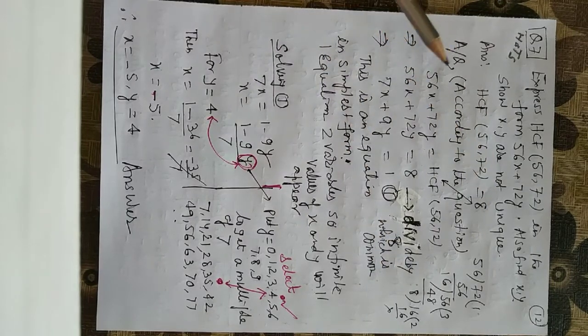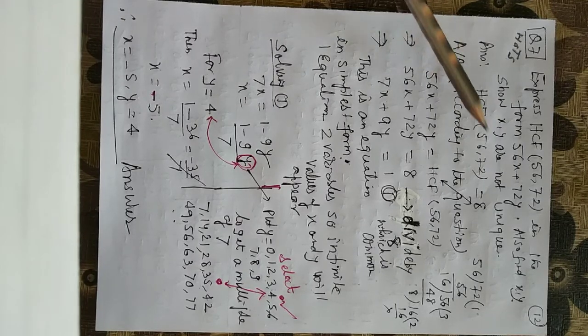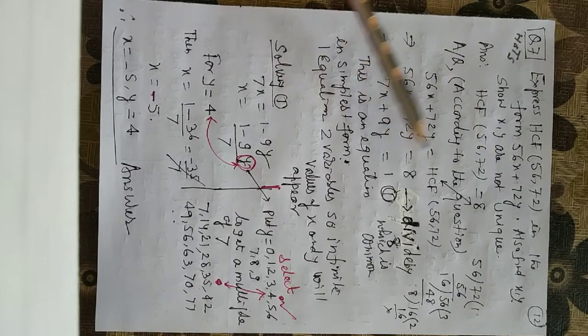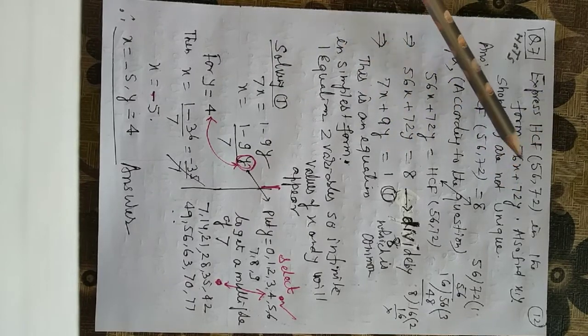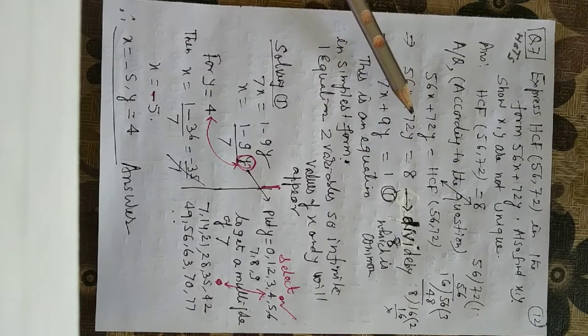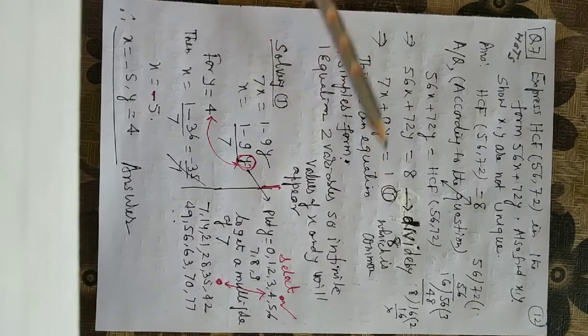Now according to the question, 56x plus 72y is equal to 8, given that the HCF of these is 8. Now 8 is common everywhere, so read the table of 8 and cancel. 8 sevens are 56 and 8 nines are 72, 8 ones are 8. This is in simplest form.